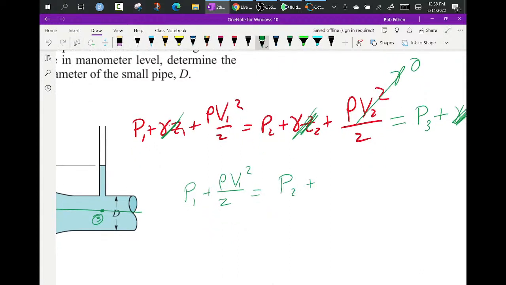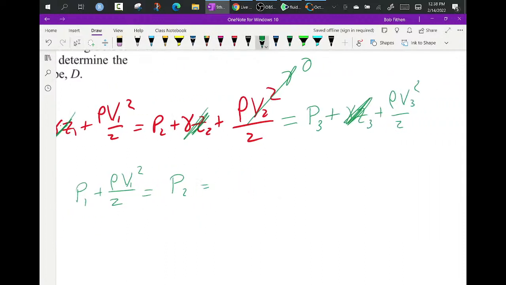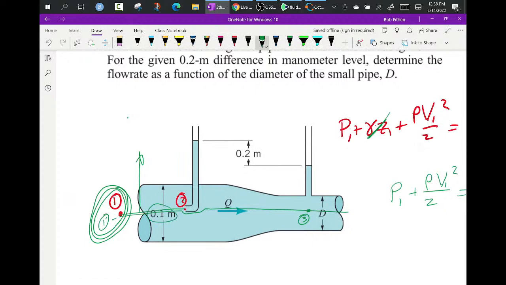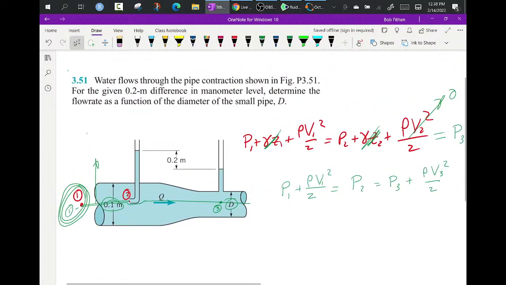P2 equal to P3 plus rho V3 squared over 2. Now, you get this, and you get this. Alright, this is a really bizarre one here. It's odd too.